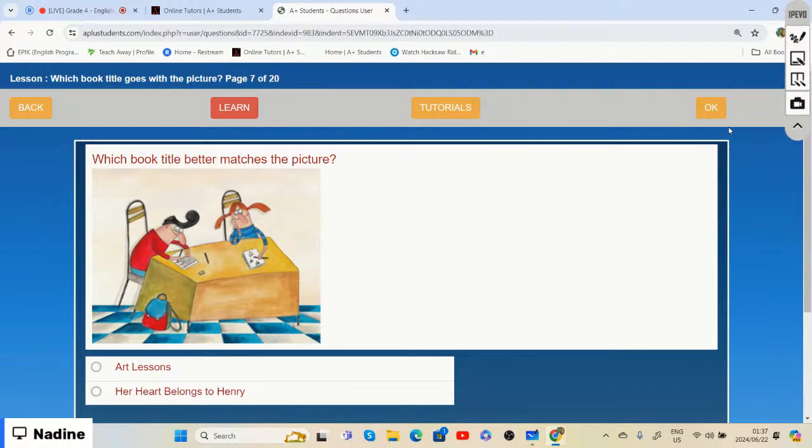She is busy drawing little hearts on a picture while I assume that boy is Henry sitting next to her.